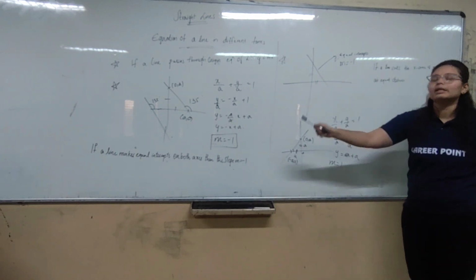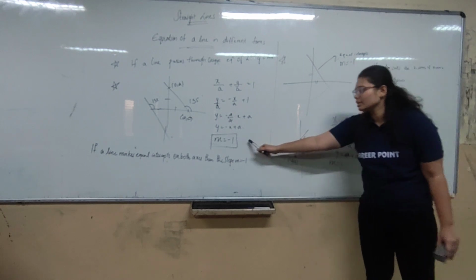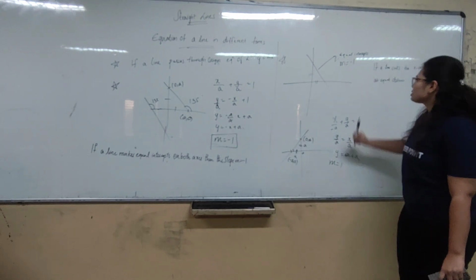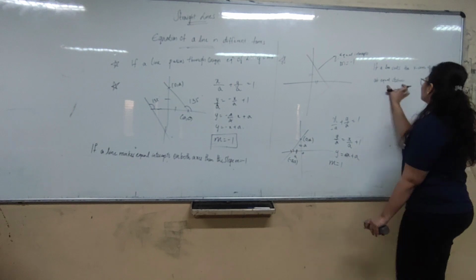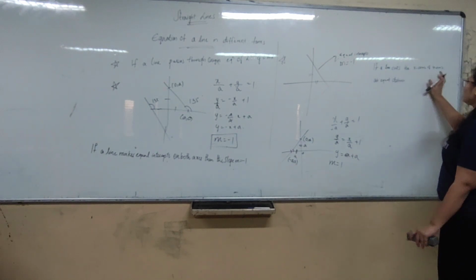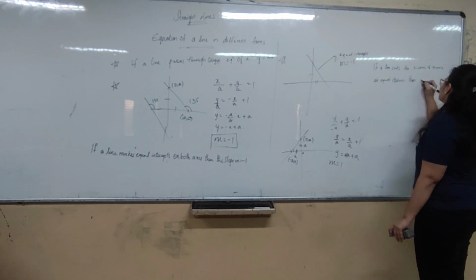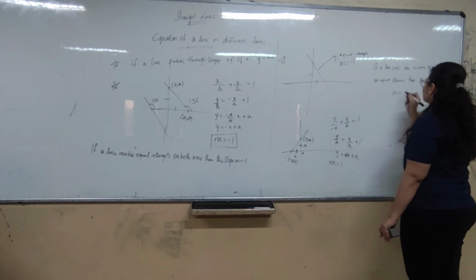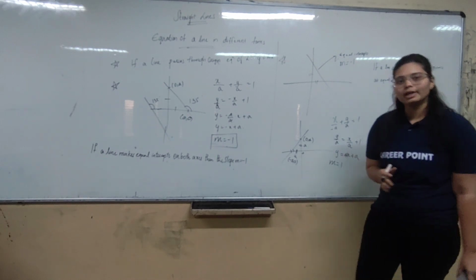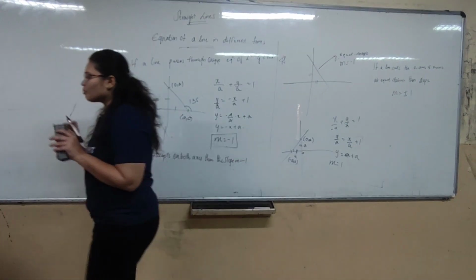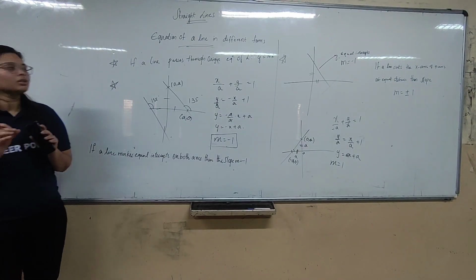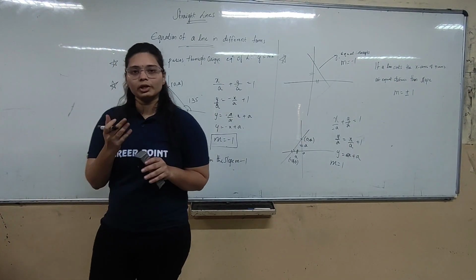Distance does not need sign, so that's why it is only -1 there, whereas here plus or -1. So if a line cuts the x-axis and y-axis at equal distance, then slope m is equals to plus or -1. Right? So these are some points you need to observe before going to the next.